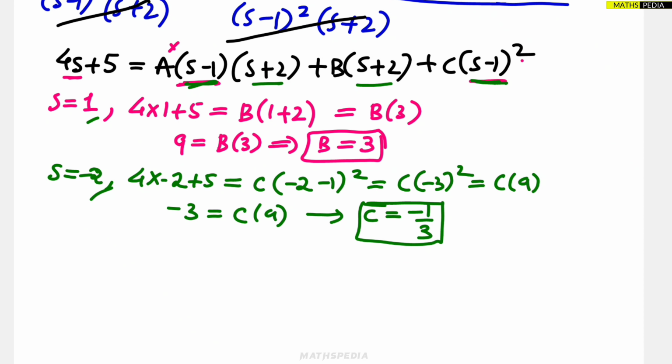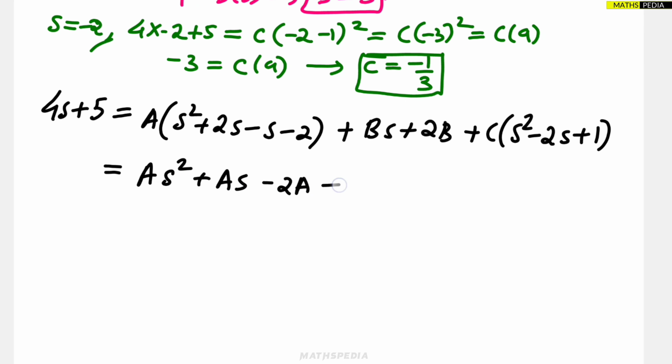So this becomes as square plus as minus 2a plus bs plus 2b plus cs square minus 2cs plus c.